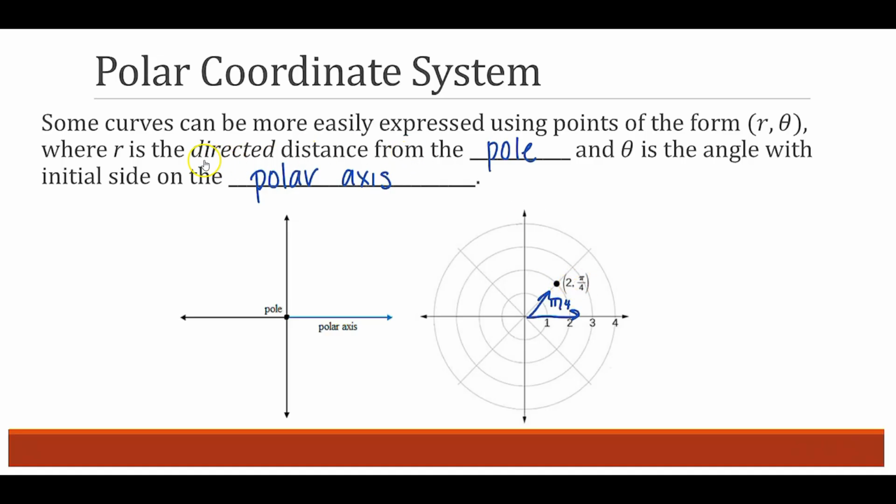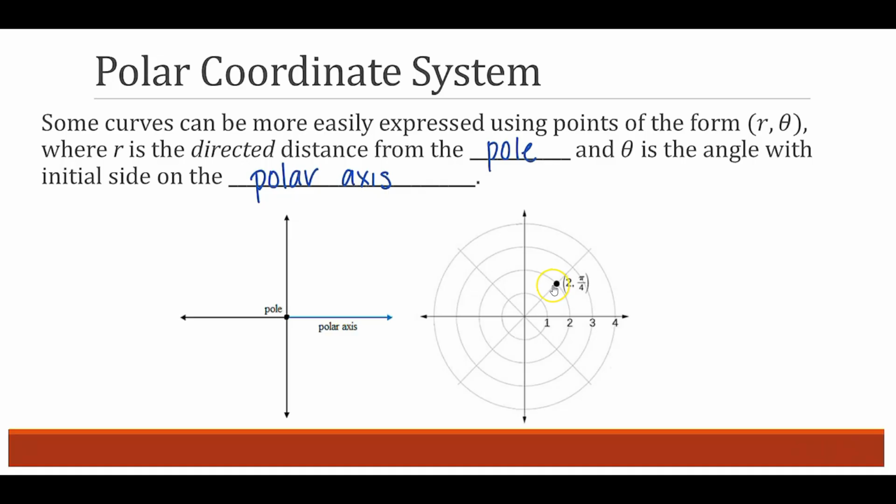That's what we mean by directed distance. So in other words, I can count how far away I am from the pole by using these rings. So you'll usually find that the polar coordinate system looks like this, where only the polar axis is labeled, and we have these rings to help guide us a particular distance away from the pole.